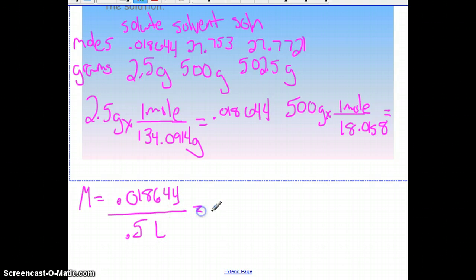And we get 0.0373 molar. So that's our concentration right there.